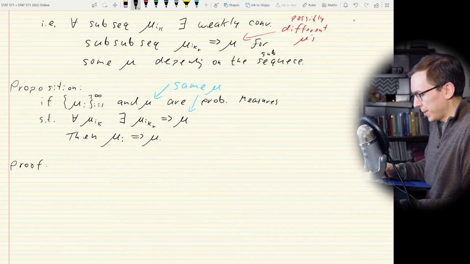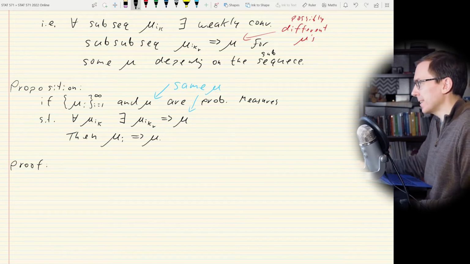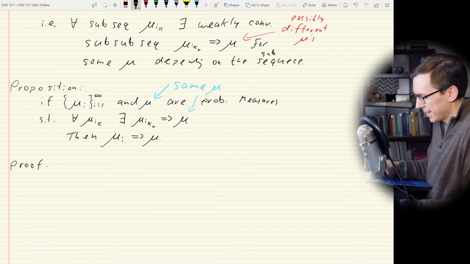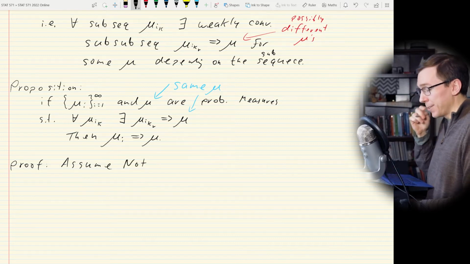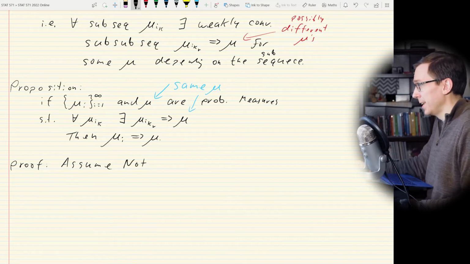The proof, which I will include because it's basically 2 lines, is: assume not. That is, assume that we don't have this weak convergence.